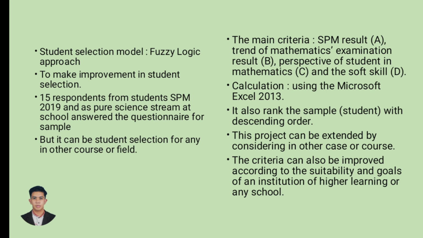The main criteria we give are 4, which are SPM result, trend of mathematics, perspective of student, and the last one is soft skill. This calculation just uses Microsoft Excel 2013 and also ranks the sample of students in descending order, from the highest membership value until the lowest membership value for every student.